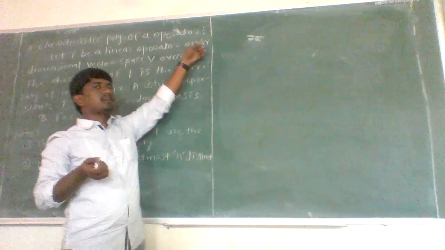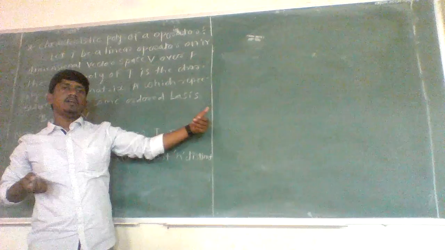As we have taken T to be a linear operator on an n-dimensional vector space, its dimension is n, so the corresponding characteristic polynomial is of degree n, and we know that any polynomial of degree n has at most n different roots. So the linear operator defined on an n-dimensional vector space has at most n distinct eigenvalues.